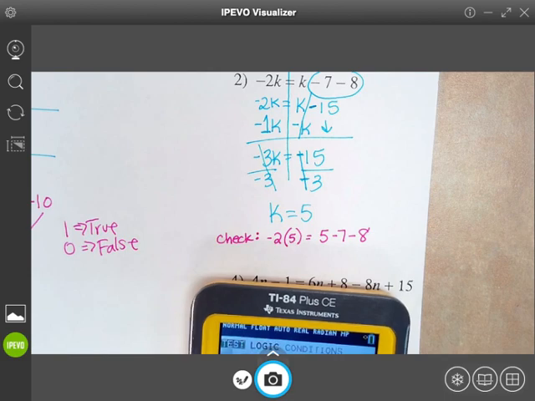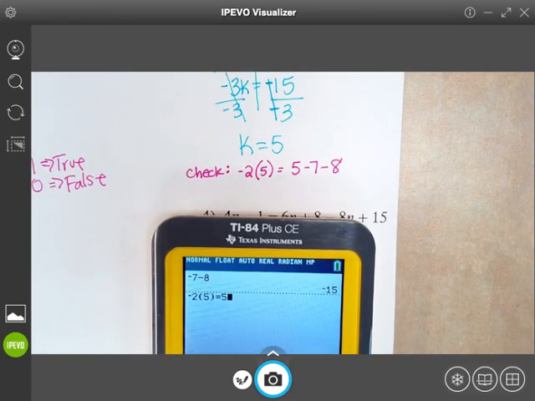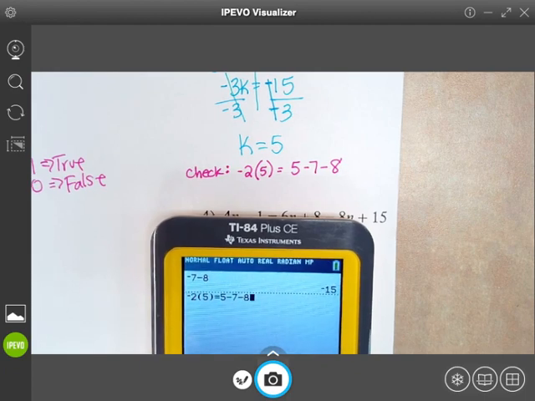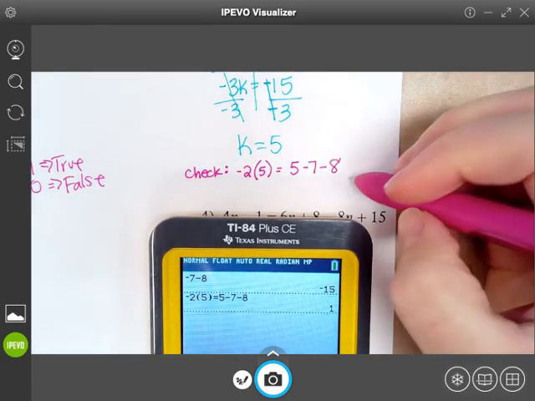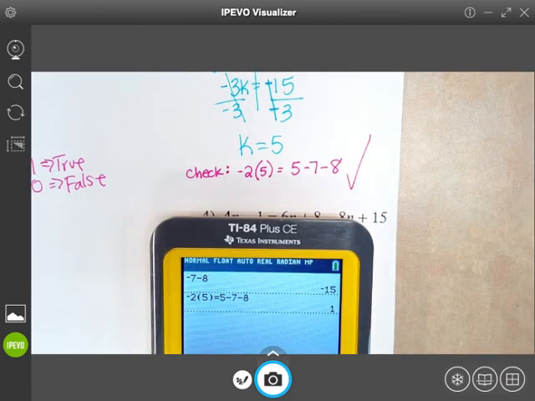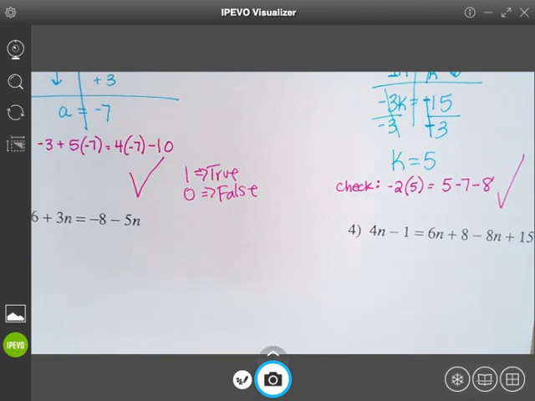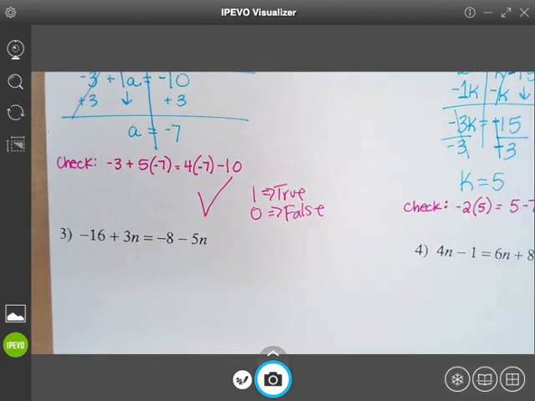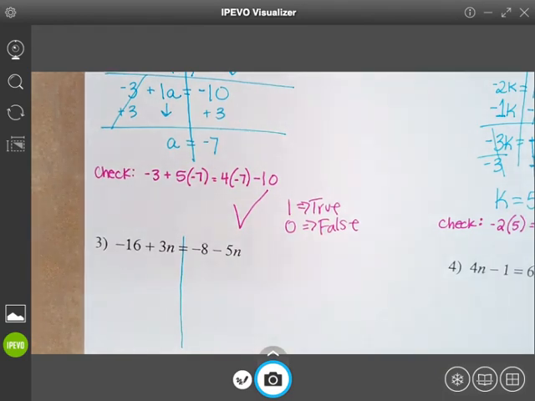Don't forget to close that parentheses. So we checked it. Okay, I want you to go ahead and do number 3.